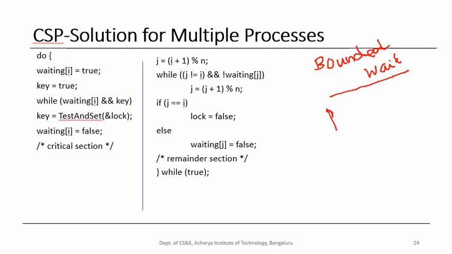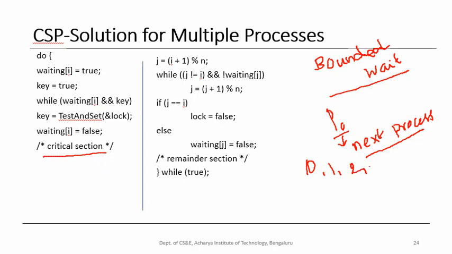Say a process P0 coming out of the critical section will select the next process that has to go into the critical section, and exit out of the critical section, right? It goes to the remainder section. So, for example, if you take the same set of processes, this process was in the critical section and this process would like to enter into the critical section.